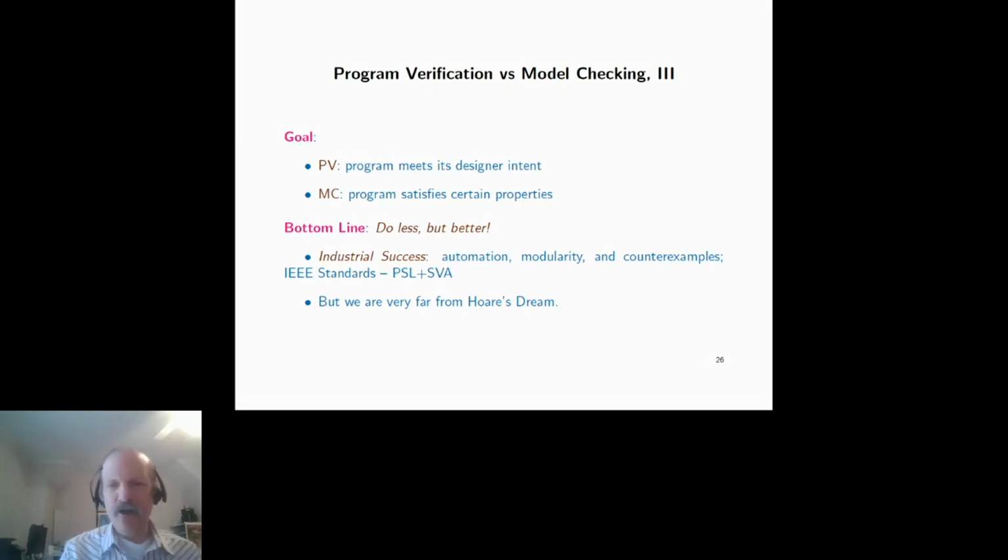It's still challenging, but not as difficult as Everest. And then the industry has adopted it. So the level of automation, the possibility of doing modular verification, getting counterexamples, IEEE standards, at least the hardware industry has adopted model checking. But clearly we are very far from Hoare's dream of mathematical certainty.